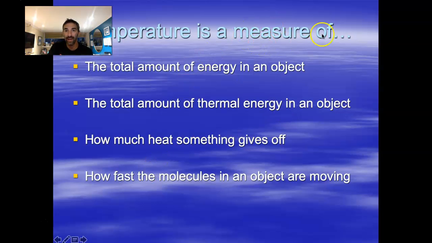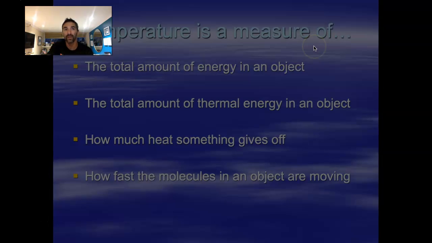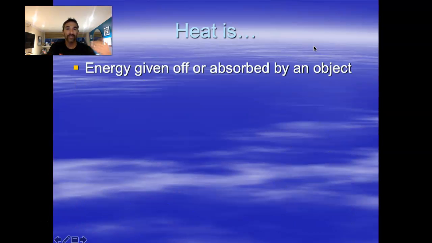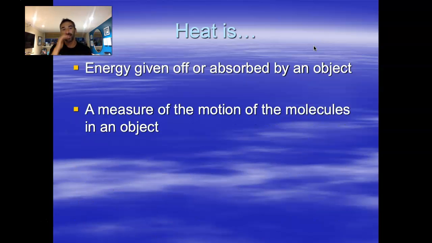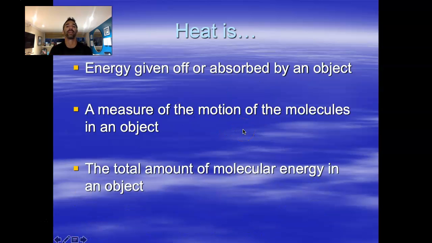Notice every time I had to include that measurement of, while heat is actually those things. Heat is the actual energy that is absorbed or given off by an object. Heat is actually the motion of the molecules in the object. Heat is the total amount of molecular energy. Heat is energy.